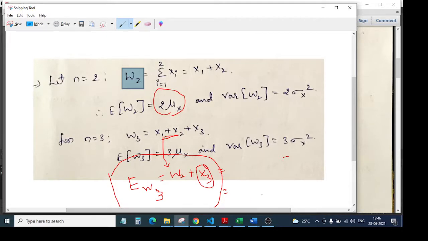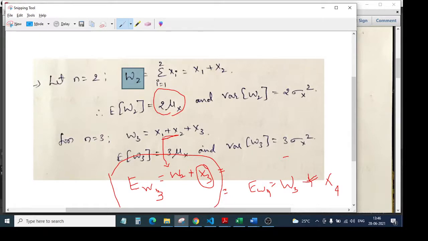So instead of E of W3, I will write E of W4. This is equal to W3 plus x4. If you observe very carefully, for W3 we have written W2, for W4 we have written W3.